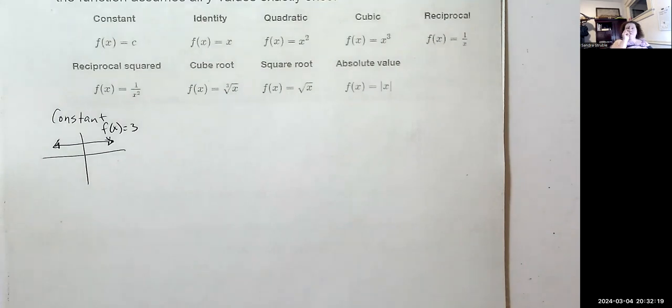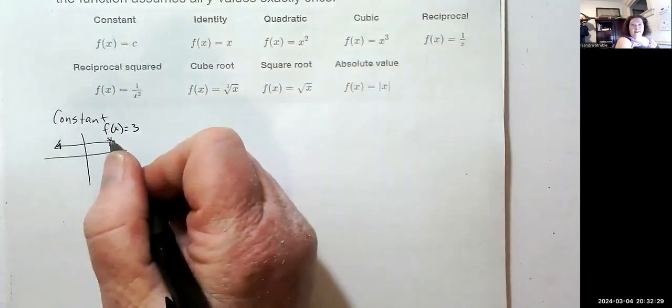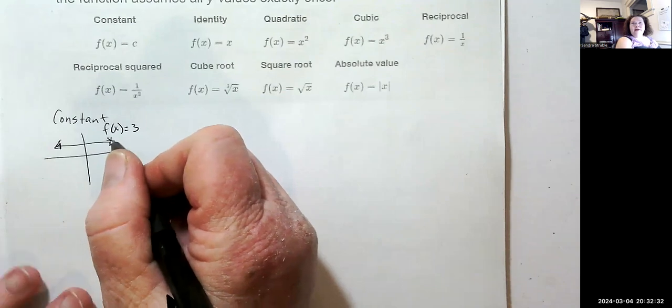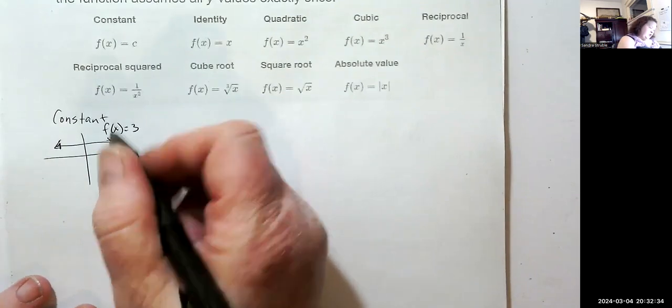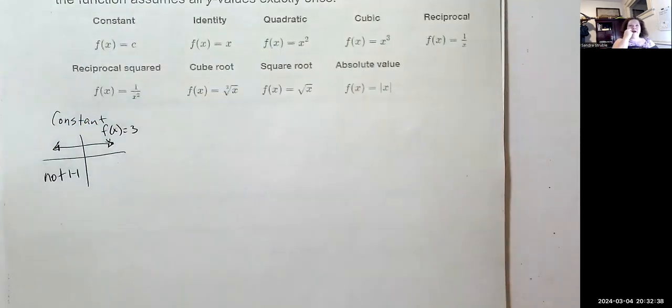It's a function, so I can do a vertical line test, but the horizontal line test is your one-to-one. If you draw a horizontal line at 3, you're going to hit every point on that line. So it's not one-to-one.